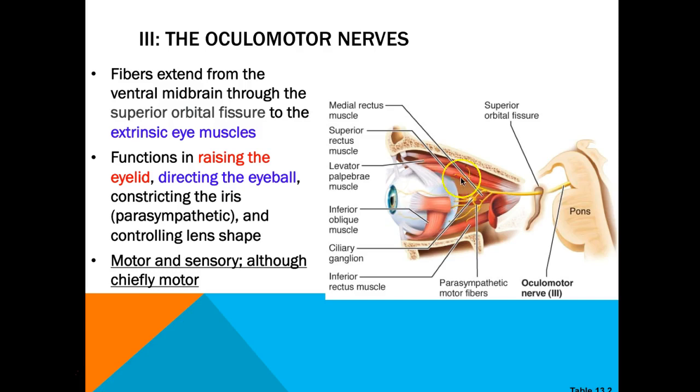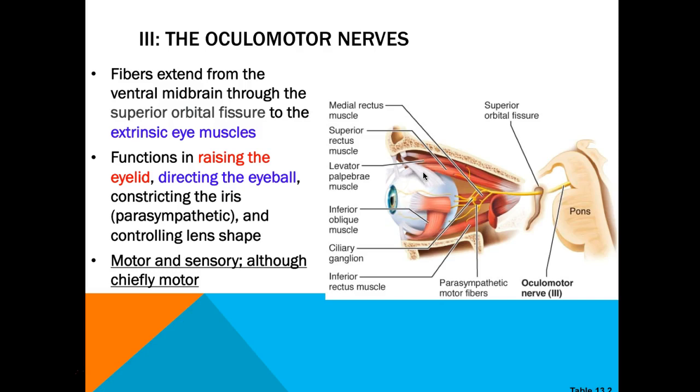And they're going to function in raising the eyelid and directing the eyeball in certain directions. So I'm not holding you responsible to know all of the muscles that it innervates. We will discuss this more in our special senses lecture.